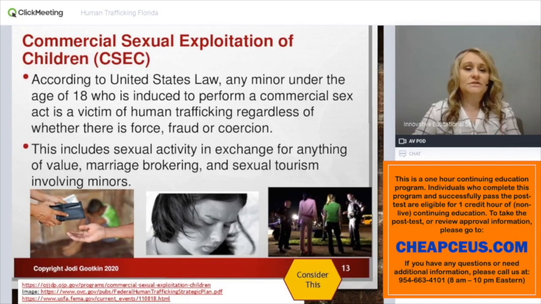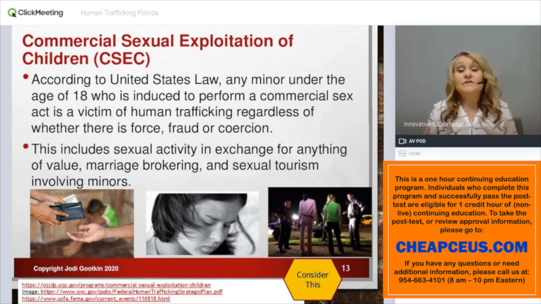Specifically discussing commercial sexual exploitation of children, anytime a commercial sex act is performed by a minor, it is a crime. It doesn't matter if the individual is maybe bragging or happy about the benefits that the lifestyle gives them, of the travel, of the personal possessions.